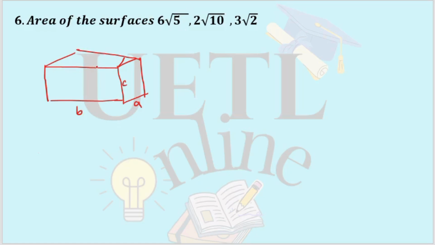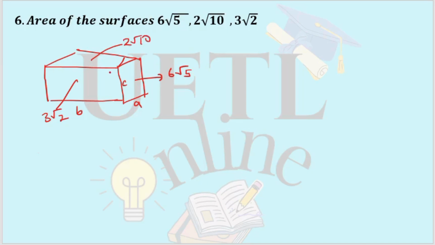The area of this side AC is said to be 6 root 5, the area of this side BC is said to be 3 root 2, and the area of this side AB is said to be 2 root 10.